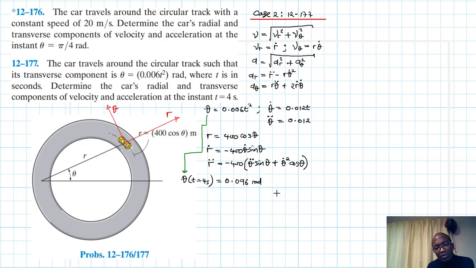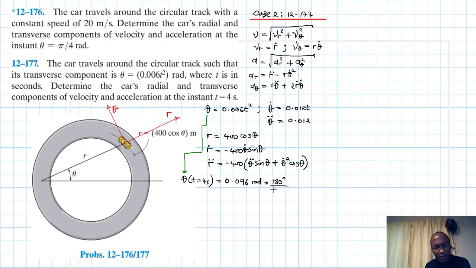But of course, we need to convert this to degrees, and we know that 180 degrees is equal to pi radians. So we multiply by 180 degrees divided by pi rad.